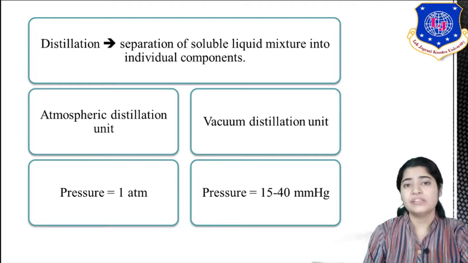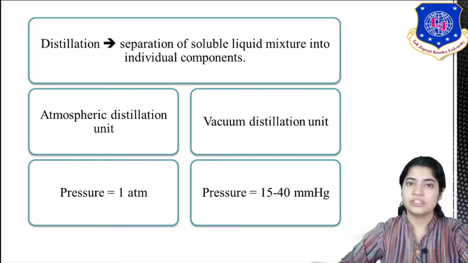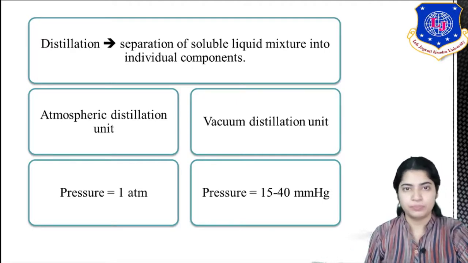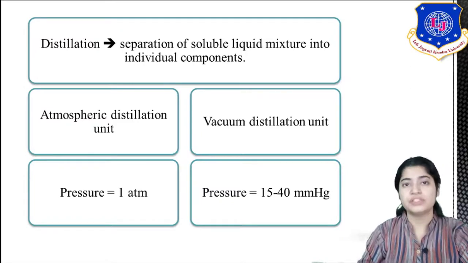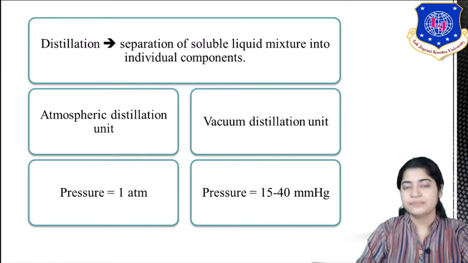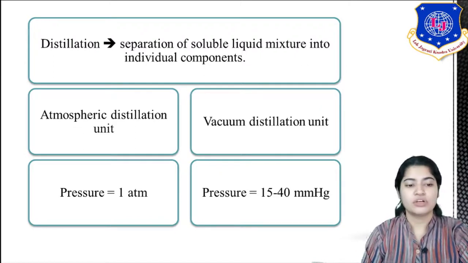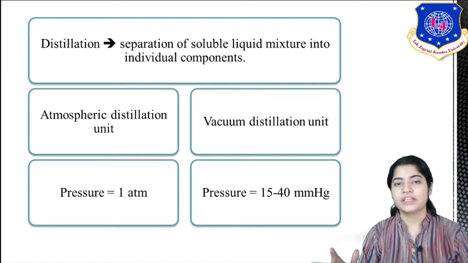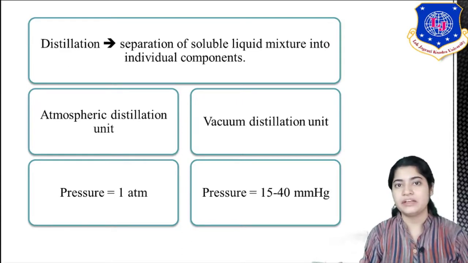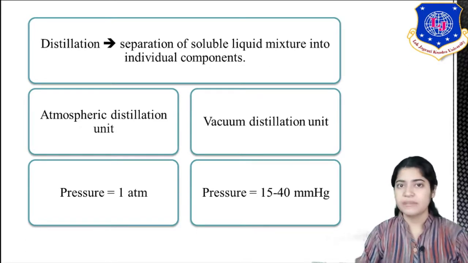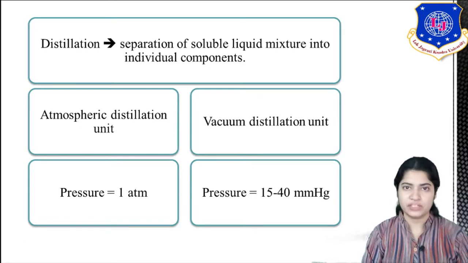Now, based on the operating conditions, distillation is divided into two parts. The separation processes you will study here in refining are atmospheric distillation and vacuum distillation. Atmospheric distillation, the operating condition here is what? The operating parameter is pressure. When your operating pressure is approximately 1 atmosphere, that type of distillation is atmospheric distillation.